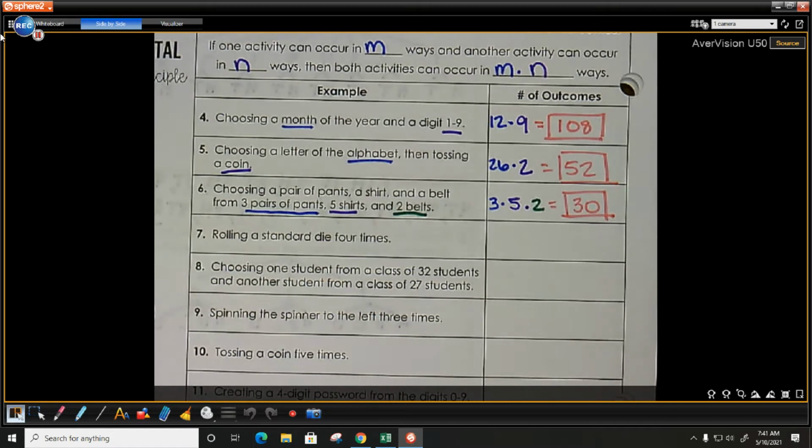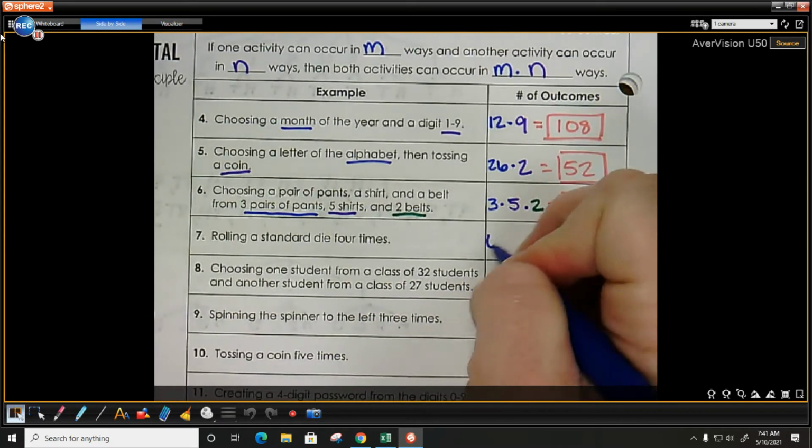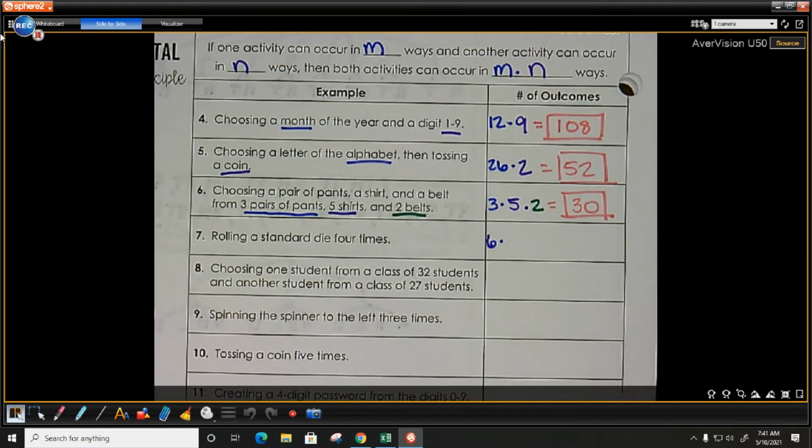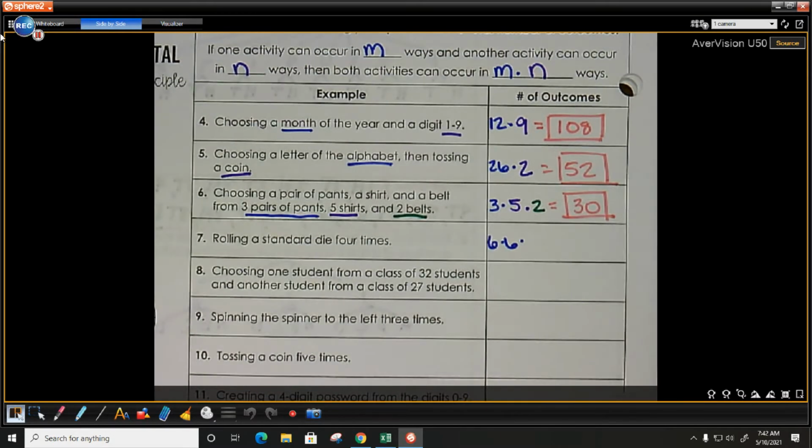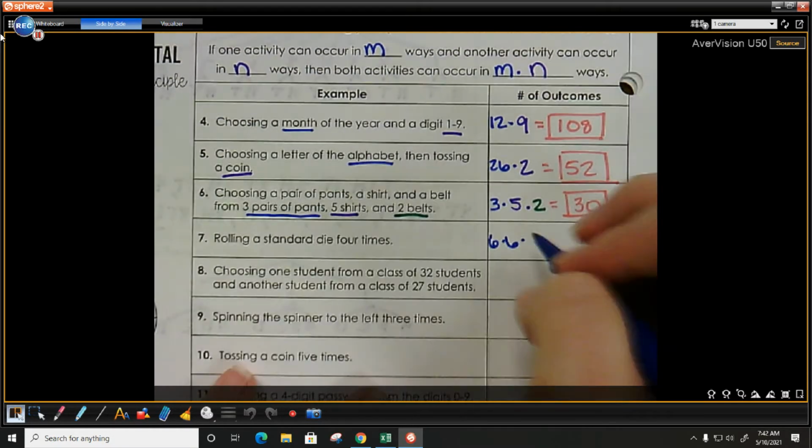Rolling a standard die 4 times. Okay, so you're rolling a standard die once. How many options are there? 6. Times rolling a standard die again.